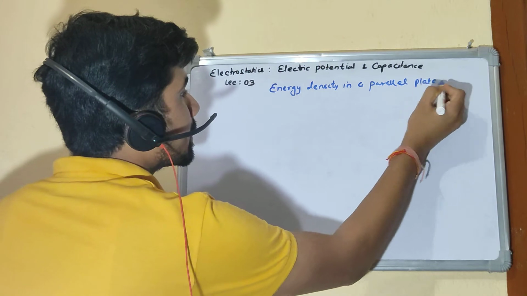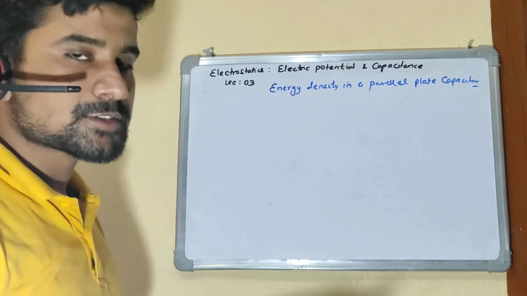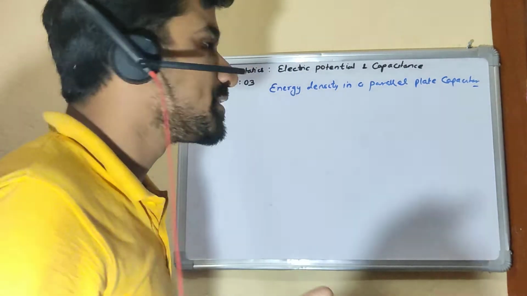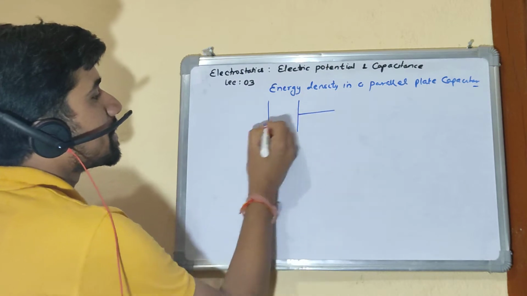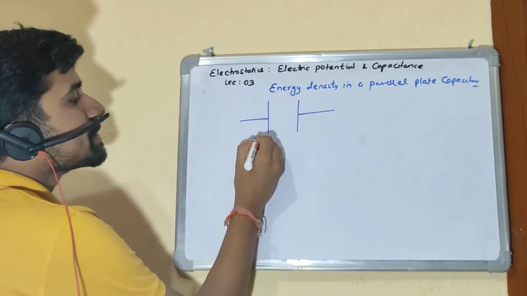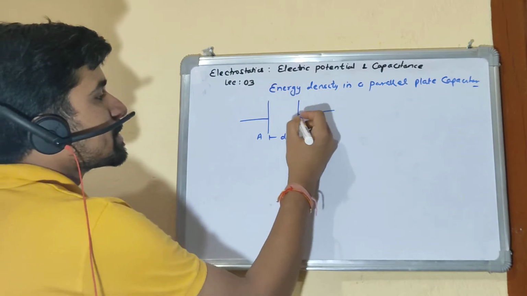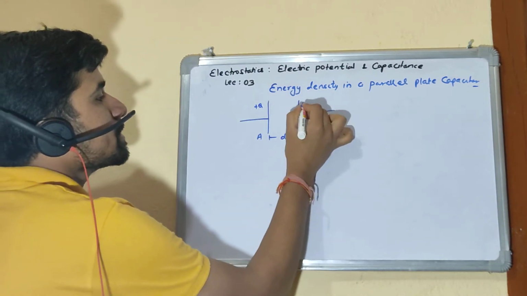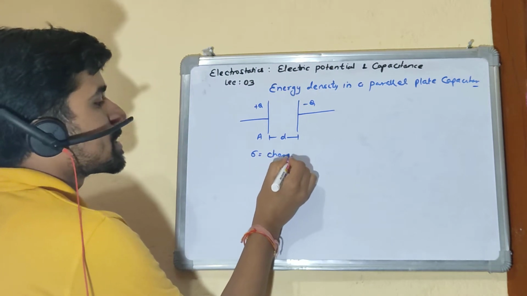Before deriving the expression, let's understand what energy density is. Let's say this is a parallel plate capacitor, the area is A, the distance between the plates is D, plus Q and minus Q are my charges, and sigma is the surface charge density.